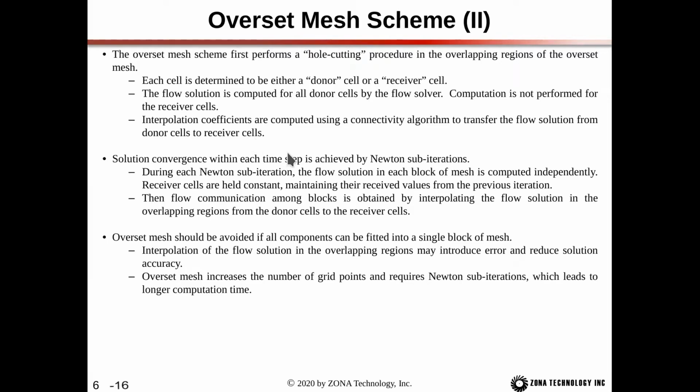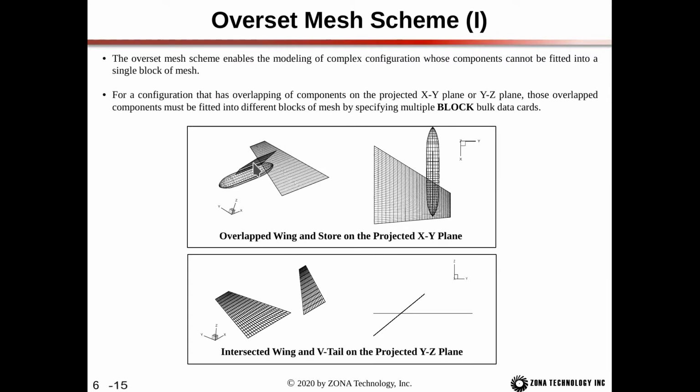the receiver cells. So if we go back to the store and pylon underneath the wing, the block that contains the store and the pylon will be sitting within this main block. And the outer two layers of blocks in the store block here would be receiver cells from the main block. So the far field boundary condition, essentially, of the store block, which is the inner block, is being interpolated from the main block.